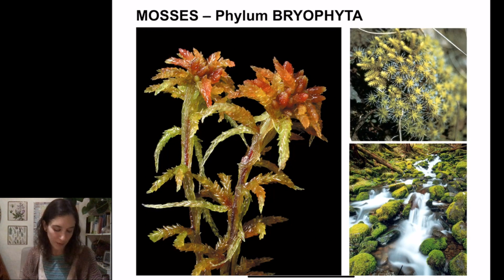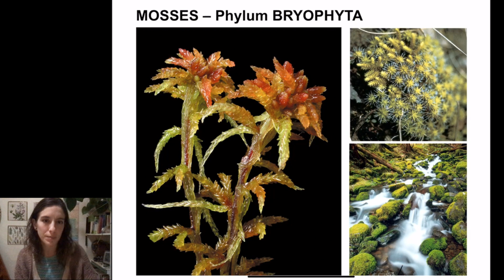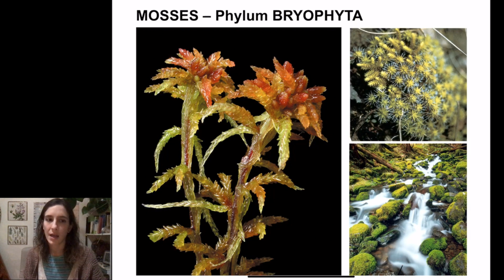Instead, what you see here is sort of like a stem-like structure, and then we have leaf-like structures, and they've got similar functions. But these leaves, they're definitely photosynthetic, but the stem tissue may or may not be photosynthetic as well. They do need to be near a source of water at some point in their life.